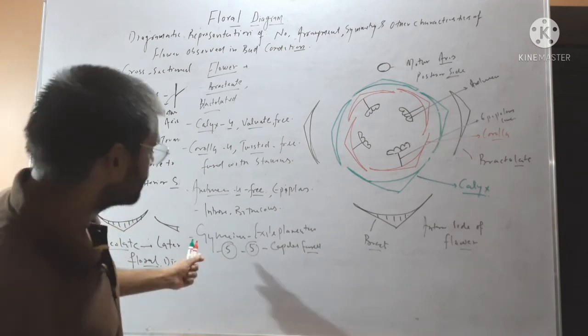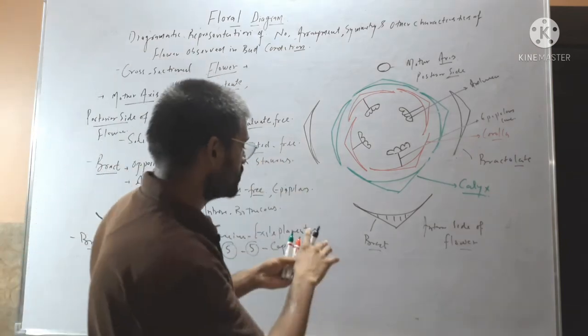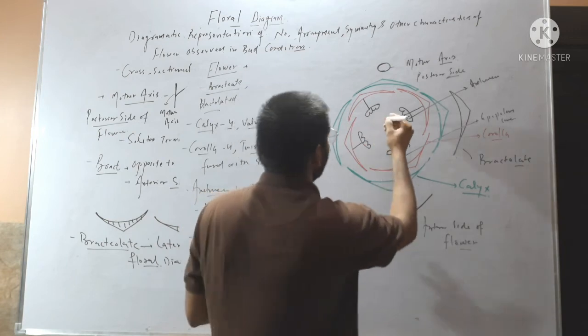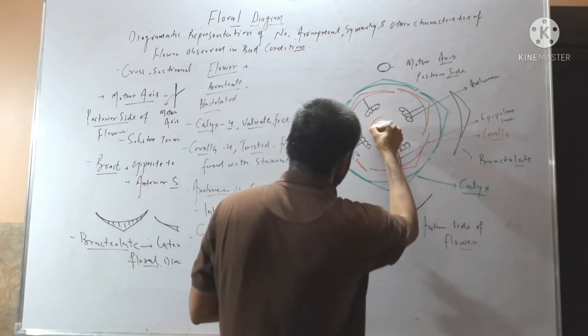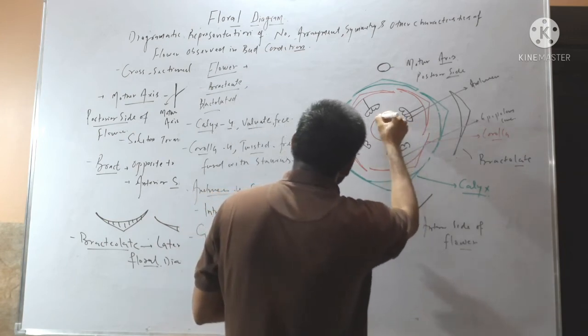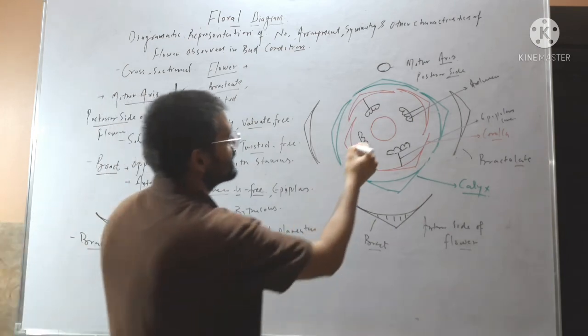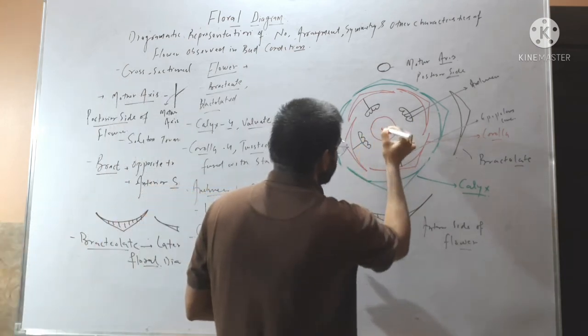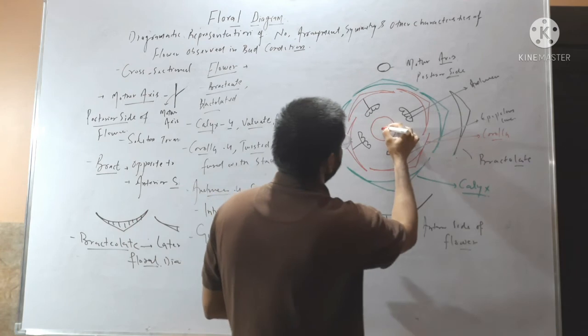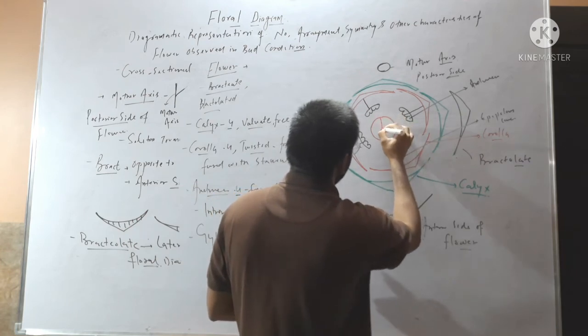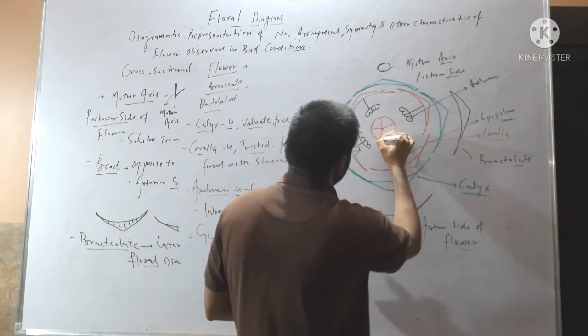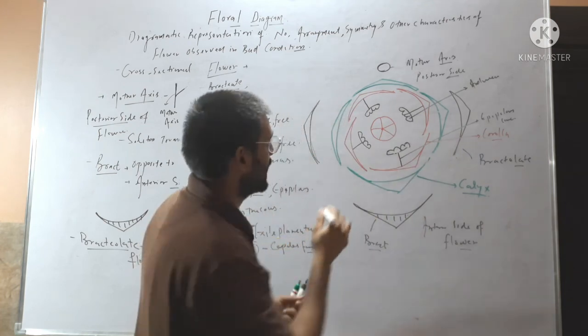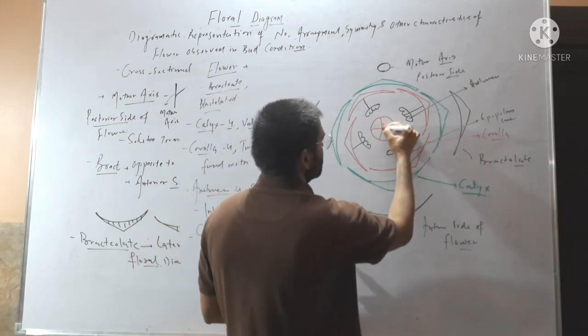In case of the last one, that is gynoecium, here we will show a TS of ovary. So it will be like this. Here axile placentation is there and septate condition is there. So 5 septa are there. Then we will draw 1, 2, 3, 4, 5 septa. And placentae are borne from the center.